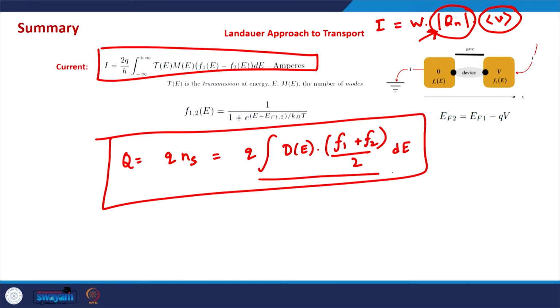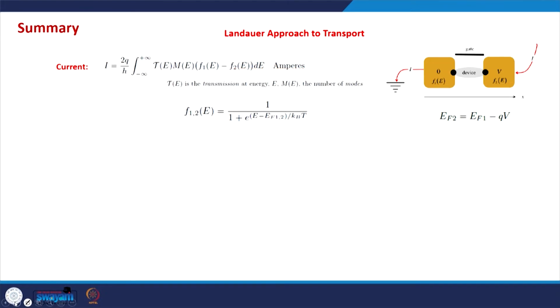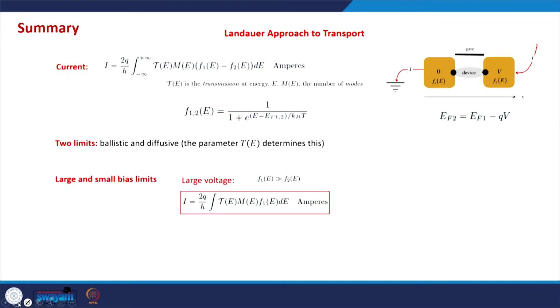So this is the total number of charge carriers at steady state in the channel. Q is the charge. In this case it will be negative, so we will use a negative sign while discussing the charge in the MOSFET.